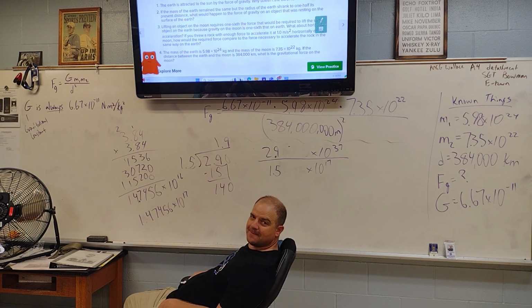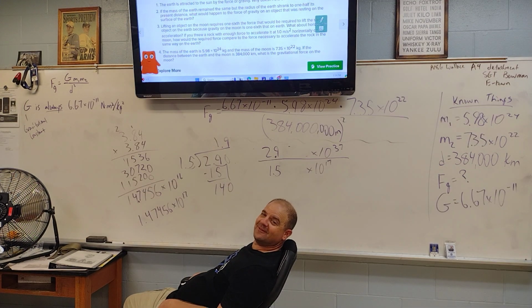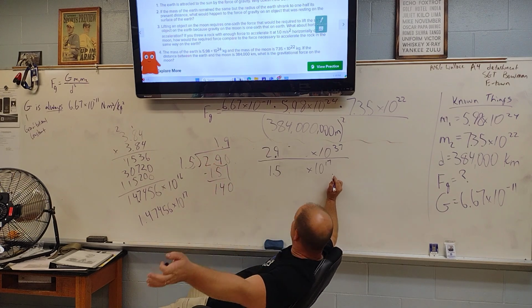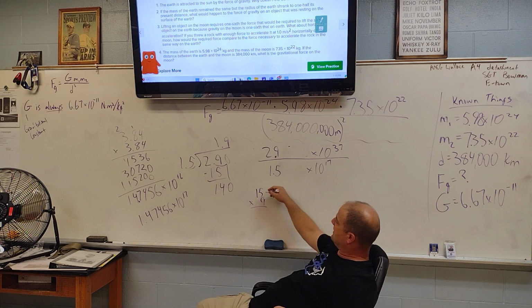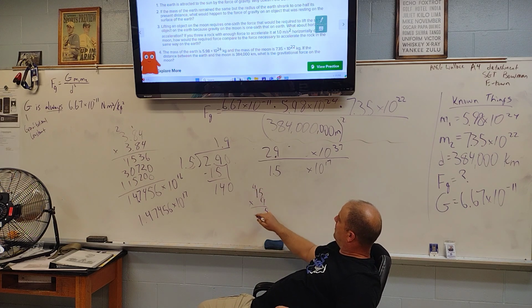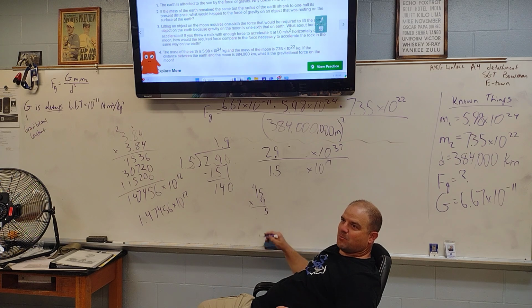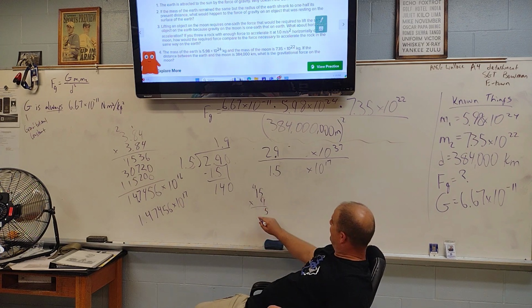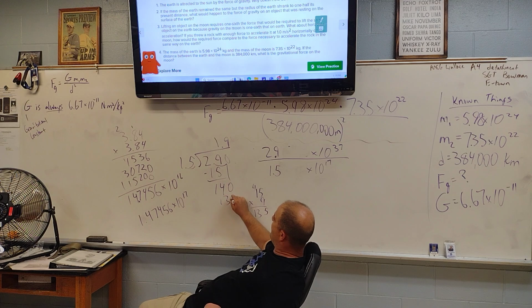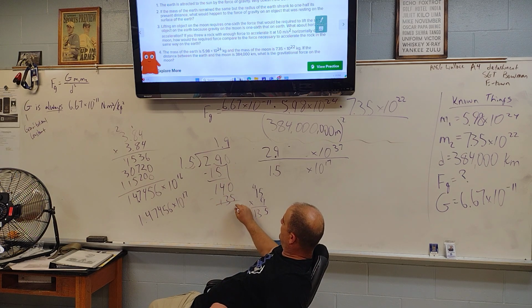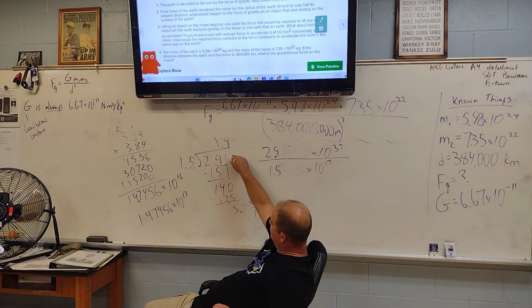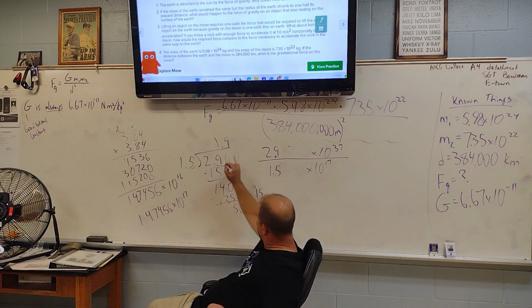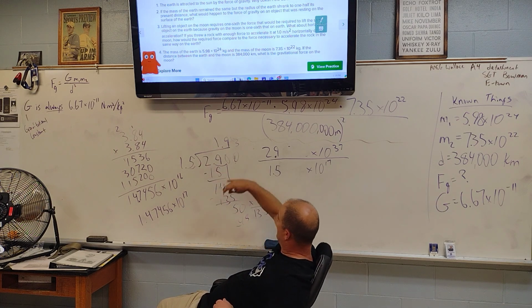What's 15 times 9? 9 times 5 is 45, 9 times 1 is 9, plus 4 is 135. Subtract from 140, we have 5. Bring down another 0.